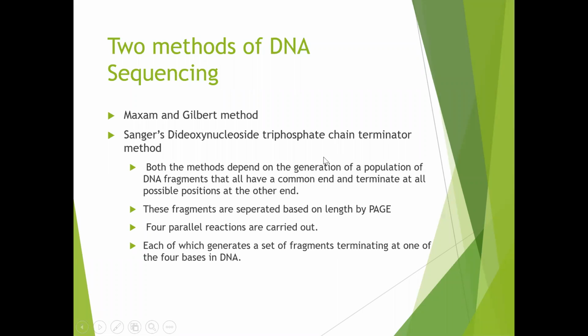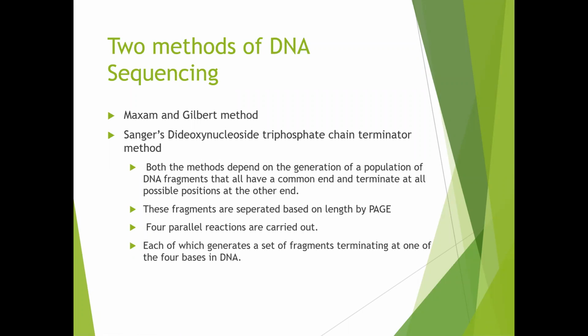The population of DNA fragments generated in the first step will be separated using polyacrylamide gel electrophoresis. Once they are separated, there is a method to determine the sequence of DNA.